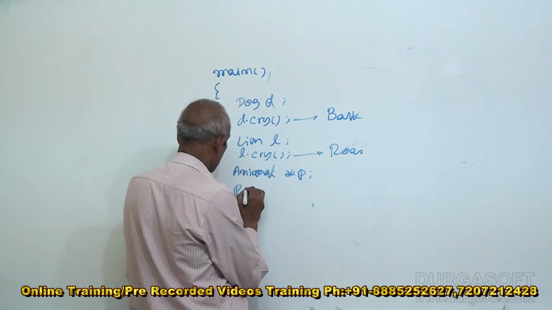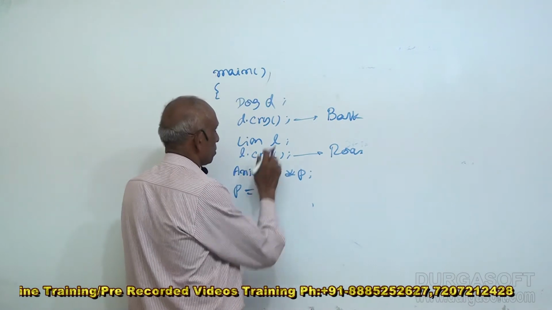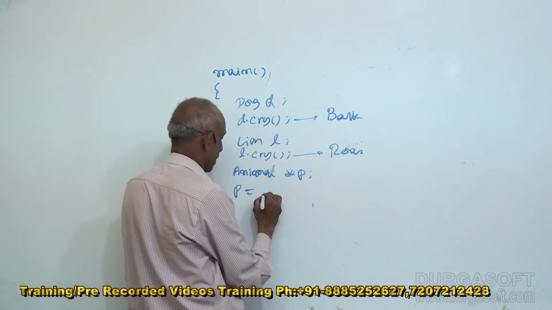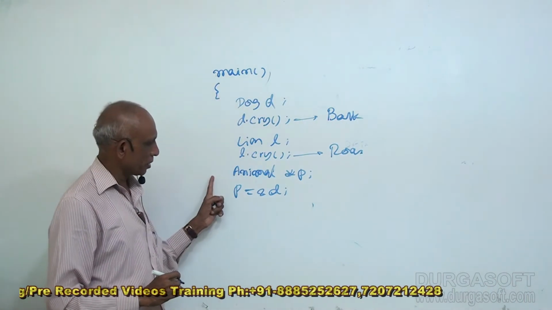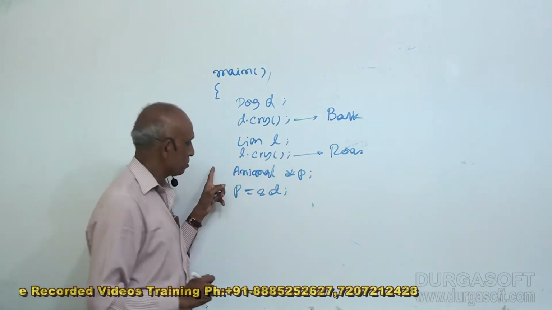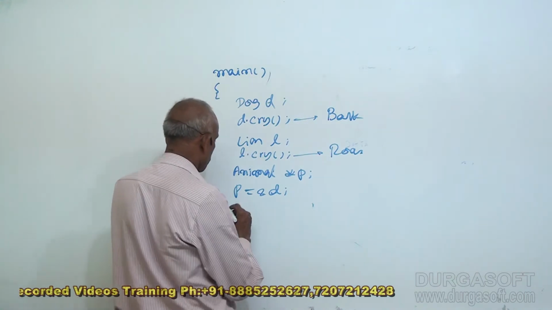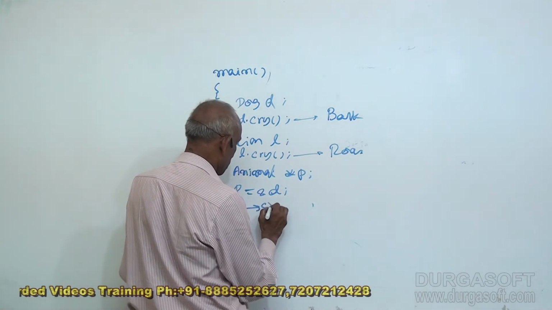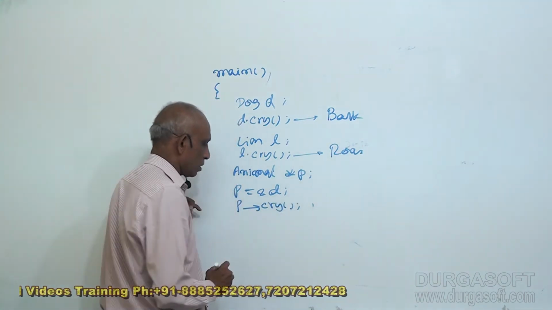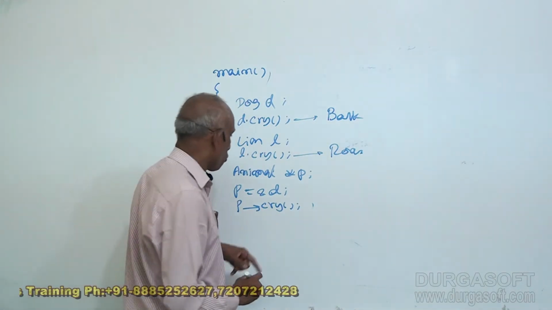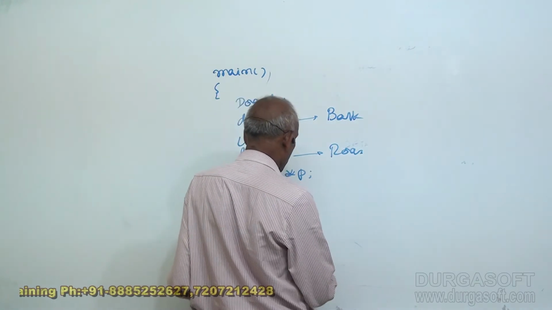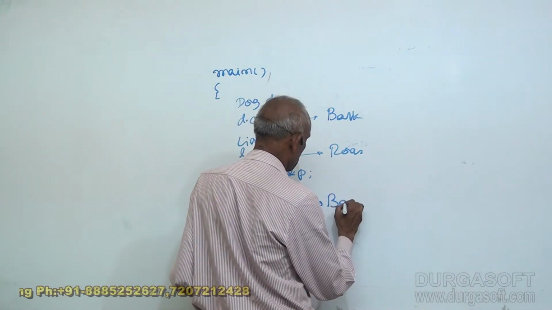And I will assign the Dog object to the Animal pointer, address of D. Now the Animal pointer, that is the base class pointer, is pointing to the Dog object. Now P arrow cry. This will invoke Dog's cry, so it will display bark.